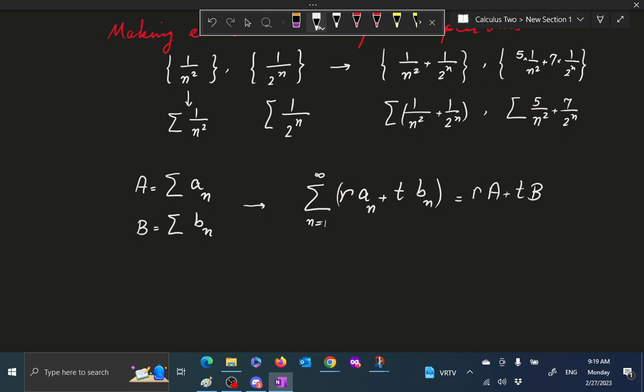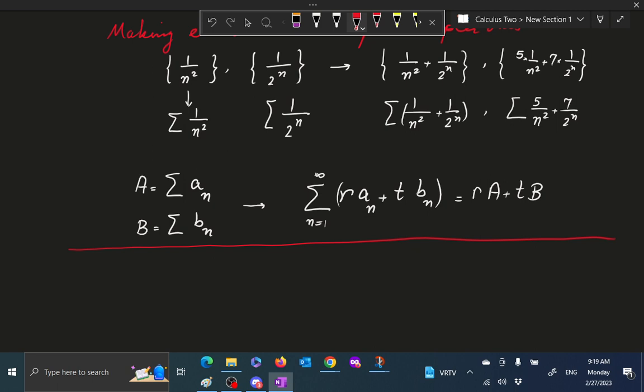So a series sometimes can be broken down to smaller series, and perhaps they will guide us to an appropriate conclusion about what will happen to the series that we have. Now we come to a certain observation about series, which is a major theorem that is applied in some of the problems that you're going to see.